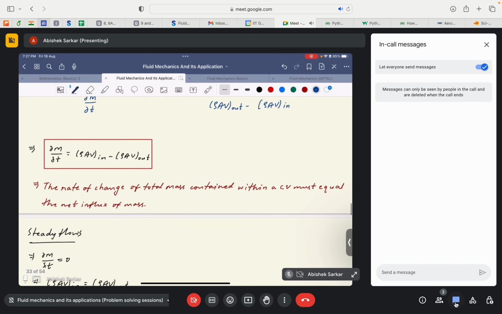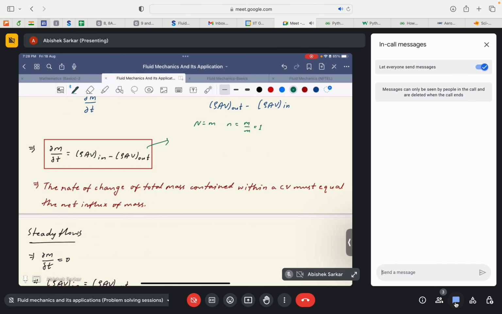So this equation, as I was mentioning, could directly be achieved through the application of RTT in mass conservation. If we take our capital N as M, that is mass, then small n will basically give us M by M, so it will give us 1.